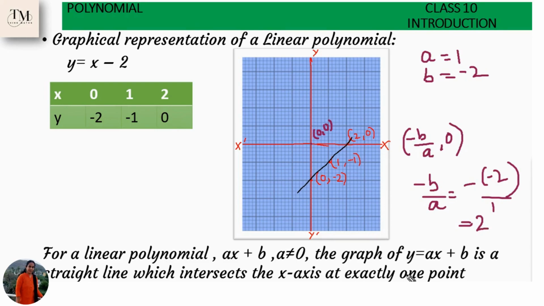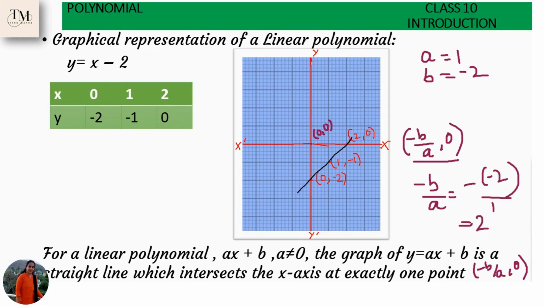So when the polynomial is linear, we get the graph as a straight line, and it intersects the x-axis at one point, that point is minus b by a comma 0. Okay friends, can you understand?